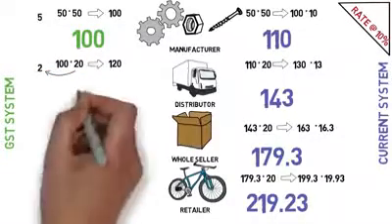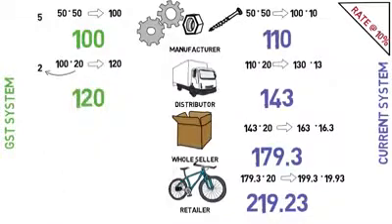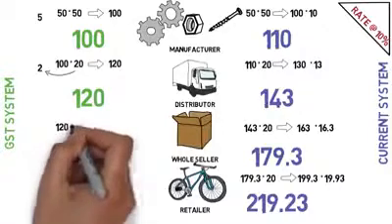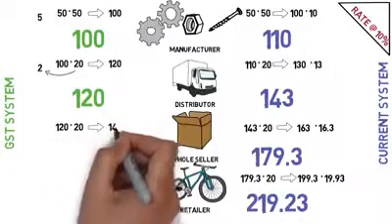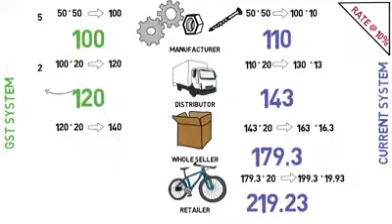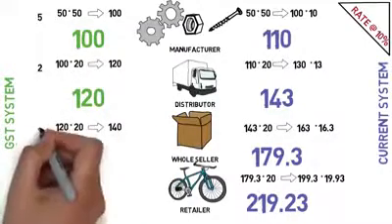The wholesaler buys the product for 120 rupees and follows the same pattern, adding 20 rupees as his profit, and the price becomes 140, and he pays a tax of 2 rupees on his profit of 20 rupees.